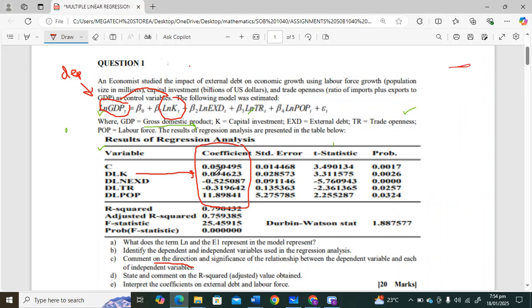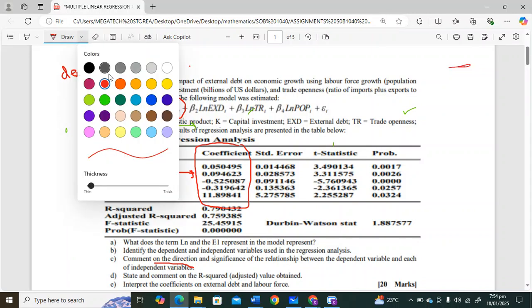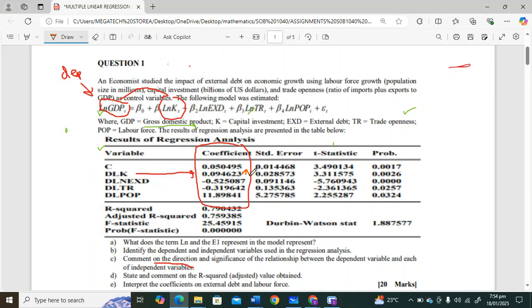Then this number here, this 0.094. If capital investment increases by 1 unit or 1%, GDP is going to increase by, if we convert this into a percentage, 9.4%.